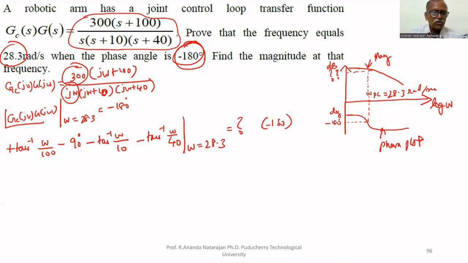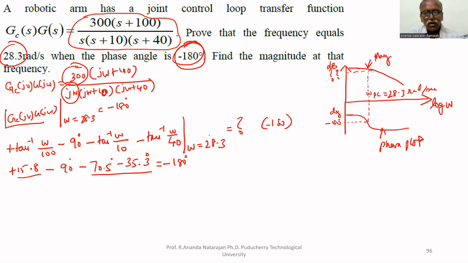Substituting omega equal to 28.3, you will get plus 15.8 minus 90 degree minus 70.5 degree minus 35.3 degree. If you add these two, 105 minus 105.8, that is 15.8, and subtracting 90, we get minus 180. Therefore, 28.3 is correct. We proved.